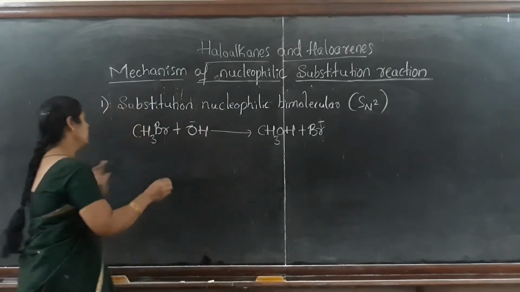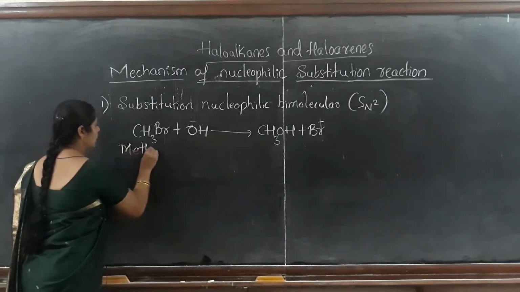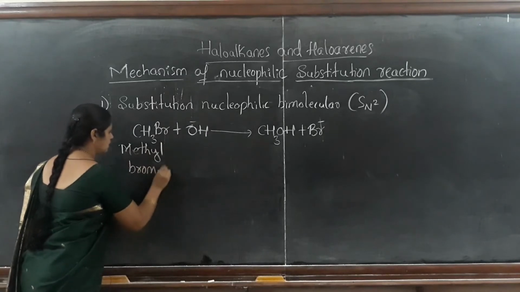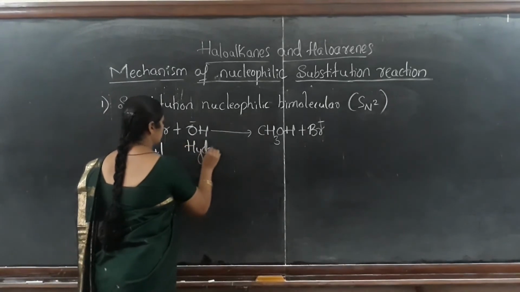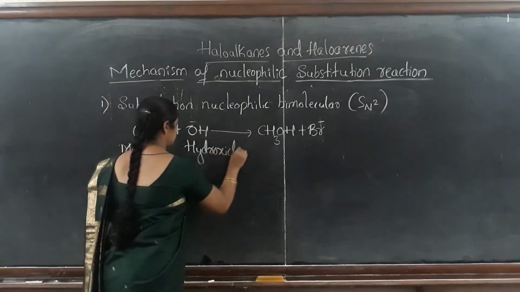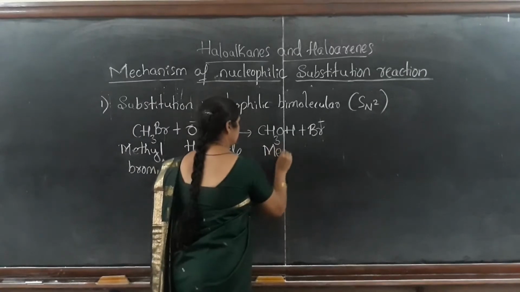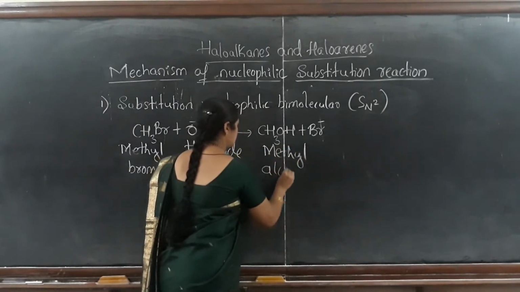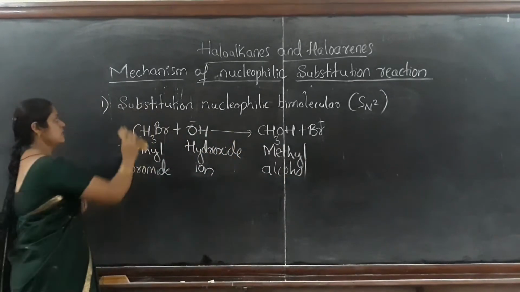So, methyl bromide, when treated with a hydroxide ion, gives methyl alcohol. Let us see the mechanism of this.